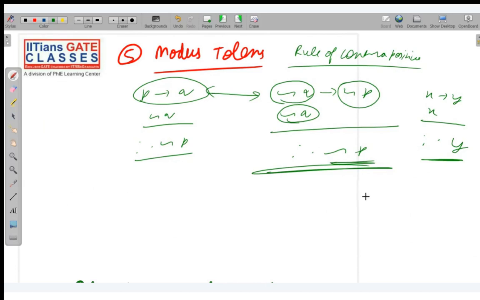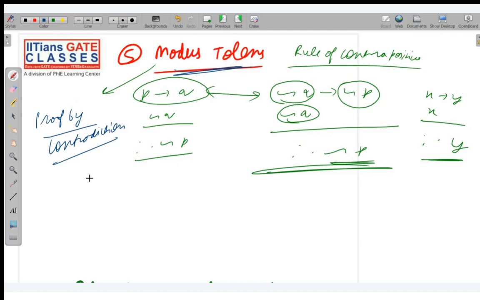So this is known as the rule of contrapositive. And basically modus tollens is used in proof by contradiction. Proof by contradiction is nothing but modus tollens only. We first assume that the given statement is true.